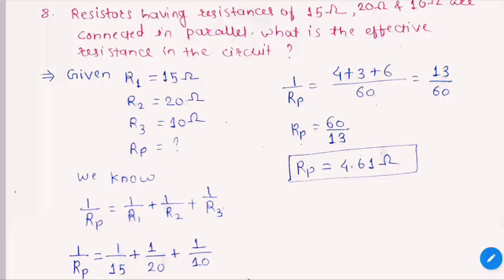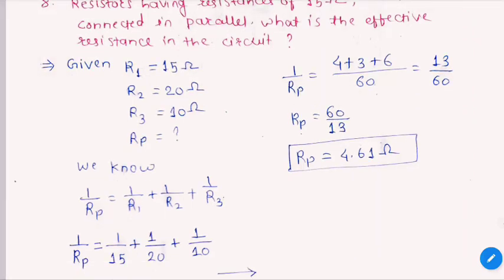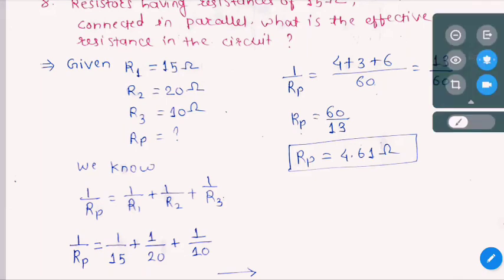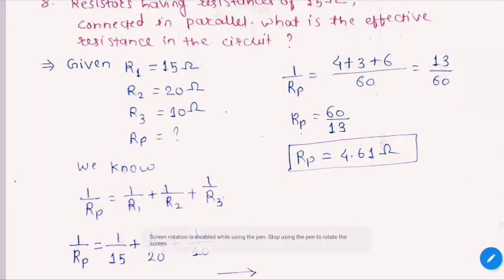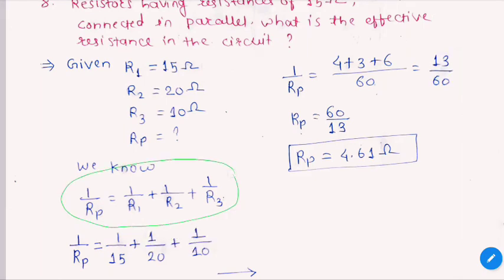What is the effective resistance in the circuit? Here R1, R2, R3 are given. We have to find out RP. To find this, we can write the formula: 1 upon RP is equal to 1 upon R1 plus 1 upon R2 plus 1 upon R3. Put in all the values and solve this. After solving, we get RP, that is the effective resistance, as 4.61 ohm.